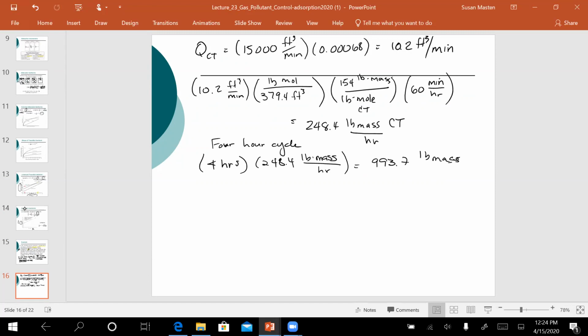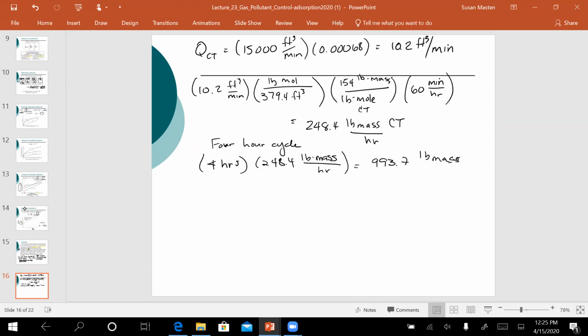So you can think of this in terms of what we are applying to this carbon, and what we're really sorbing onto it is 993.7, almost 1,000 pound mass over that 4-hour period. Okay.